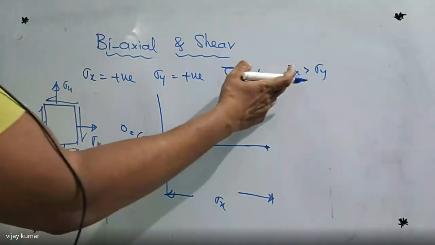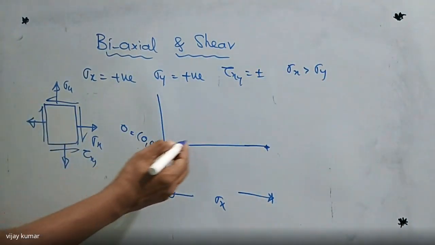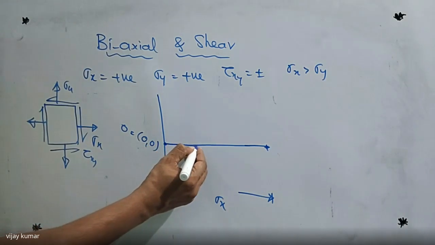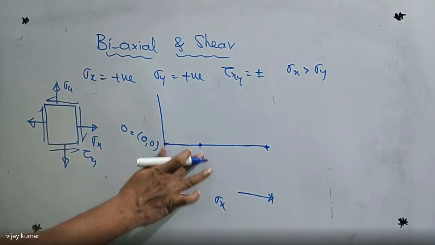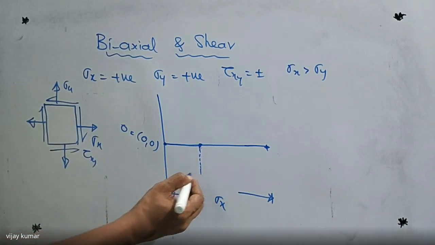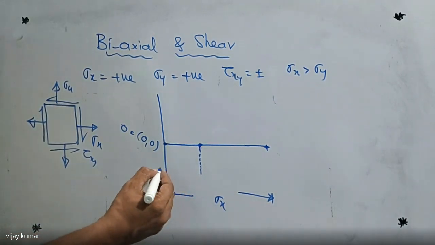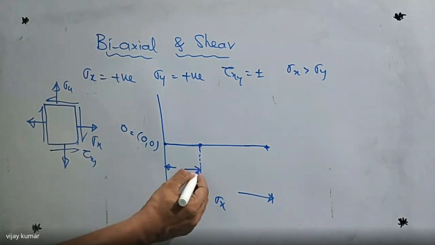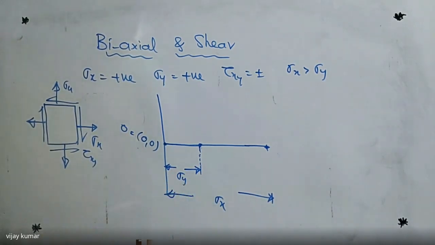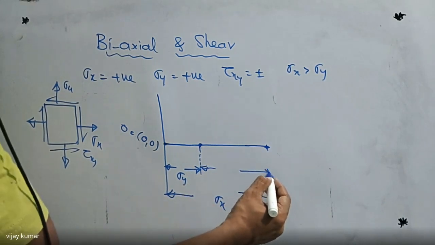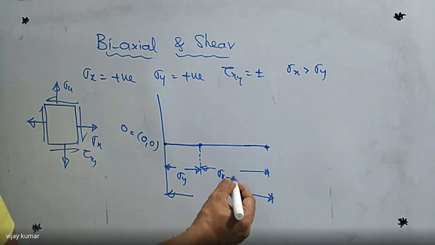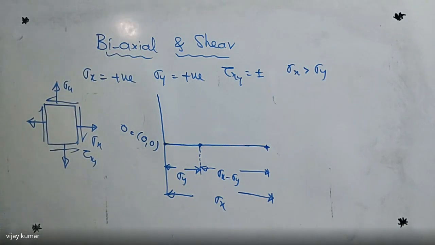And sigma y is always less than sigma x, so I'm going to take up to this one as sigma y. Now, what is the remaining value here? The remaining value is nothing but sigma x minus sigma y. Listen carefully.